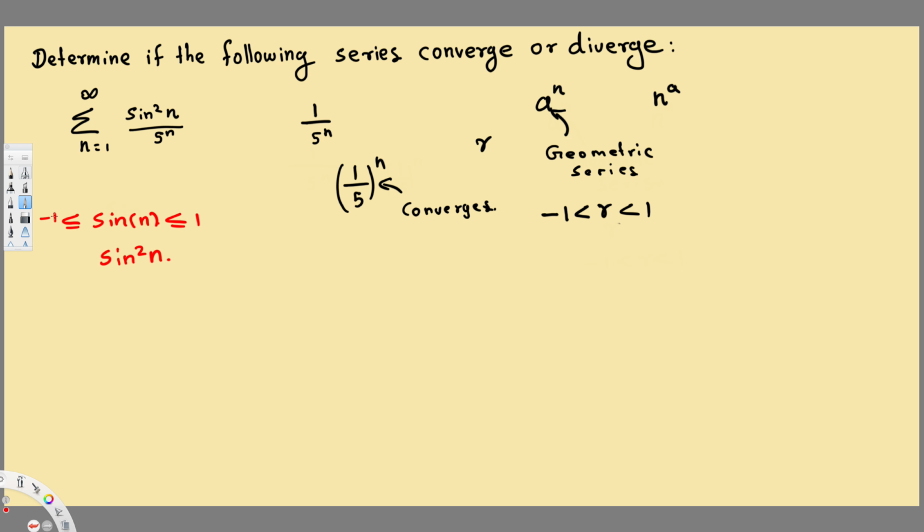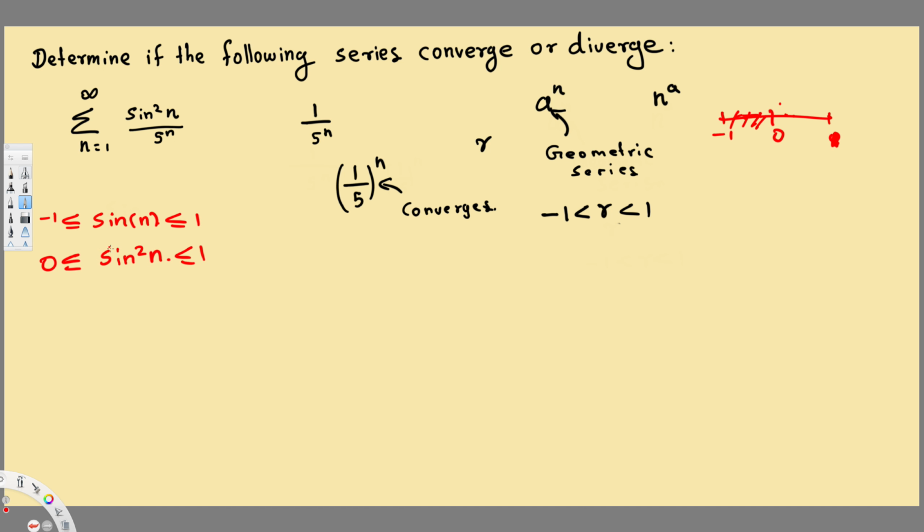You can't assume it's also going to be -1, because for example if we take -half and square it, any value you square is always going to be positive, going from 0 to 1. So this negative part does not exist, and we can say it's between 0 and 1.